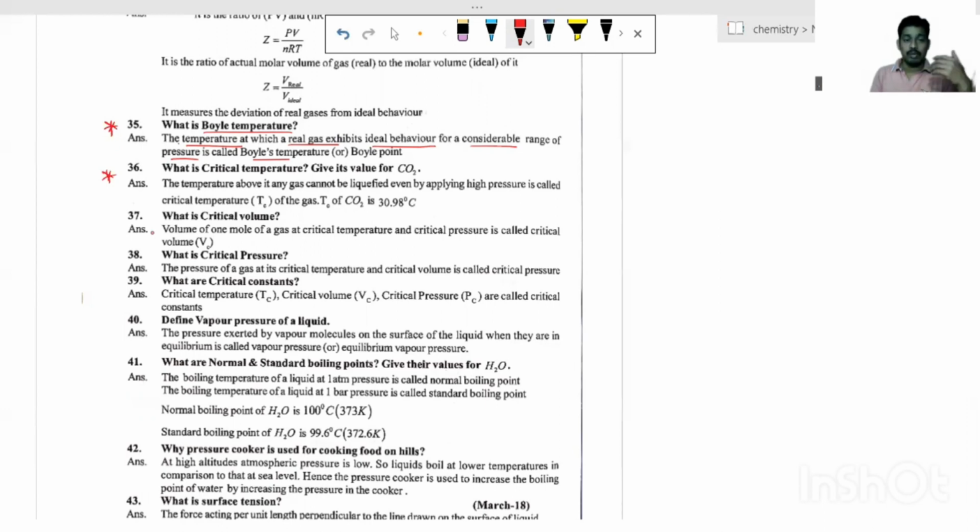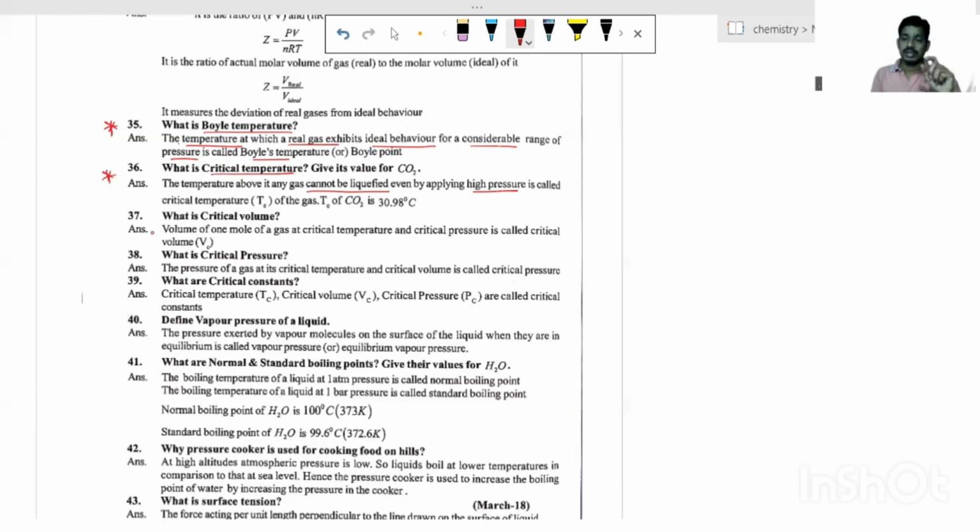Next, critical temperature. The temperature above which any gas cannot be liquefied even by applying high pressure is called the critical temperature. Generally, when high pressure is applied, gases can be liquefied. But here, the temperature above which a gas cannot be liquefied even though you increase the pressure is simply called the critical temperature.